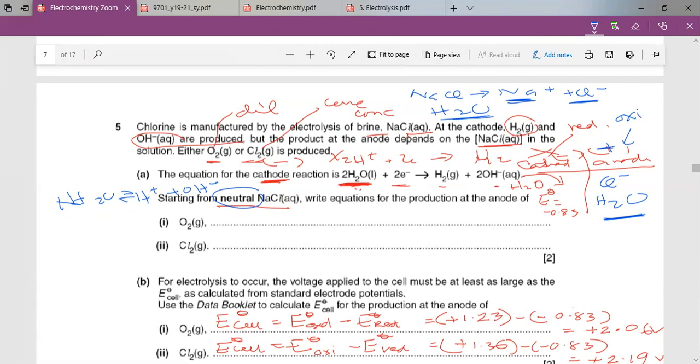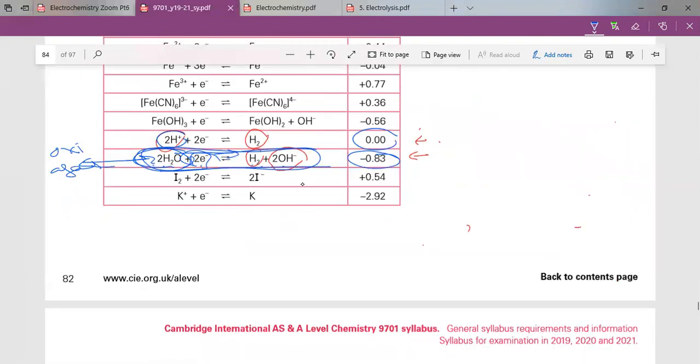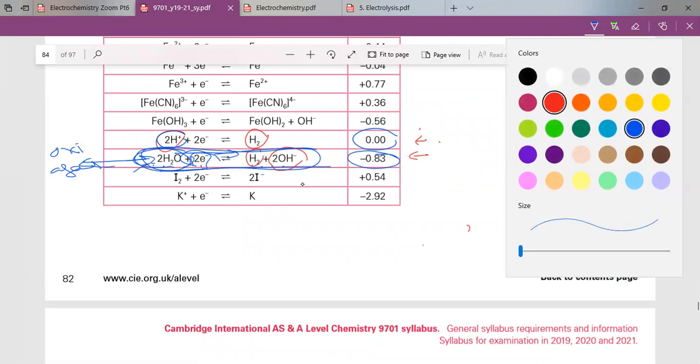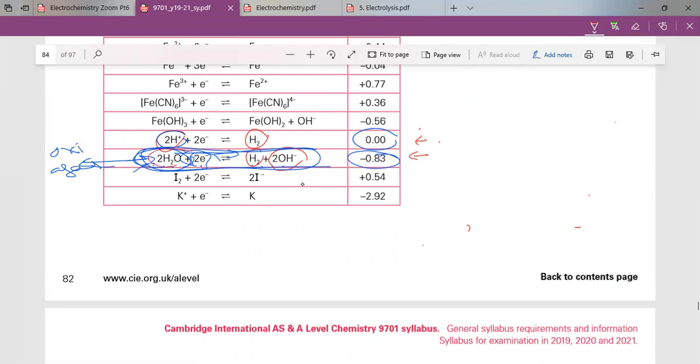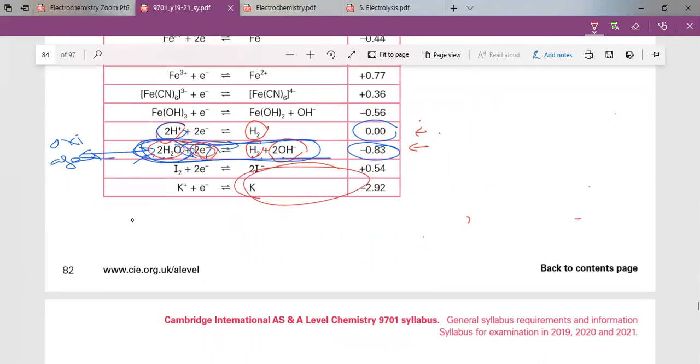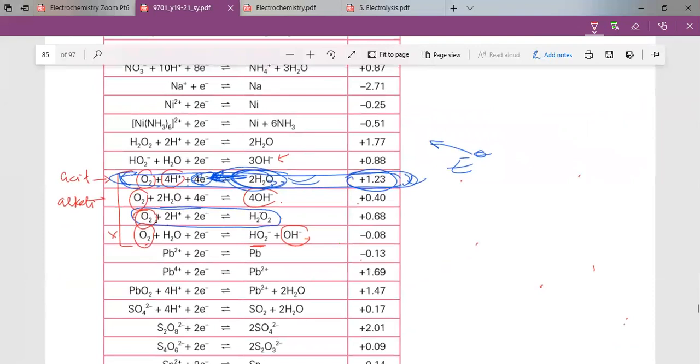So it means water must be losing electrons. So what is the equation for water losing electrons? Water gaining electrons, cannot. So water losing electrons means water must be on this side.